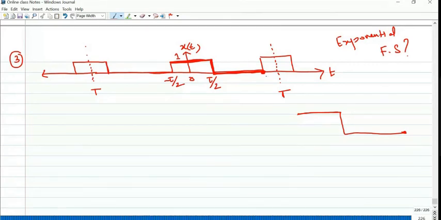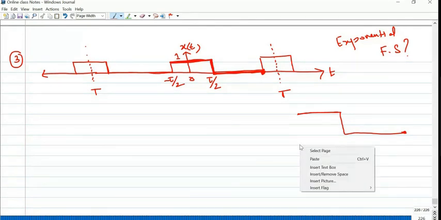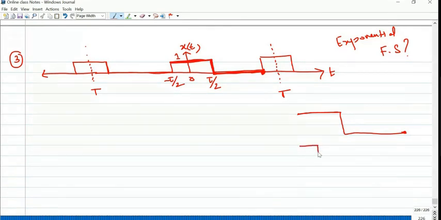Okay, but we don't know what this end point is, or we may consider this particular point. This is also one fundamental time period, correct? Starting from zero, we may consider starting from zero up to t.